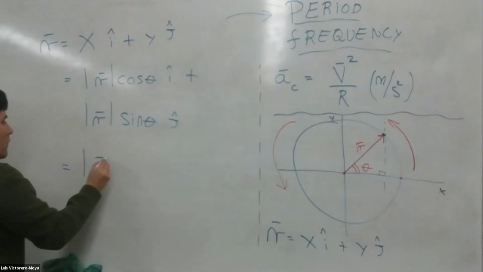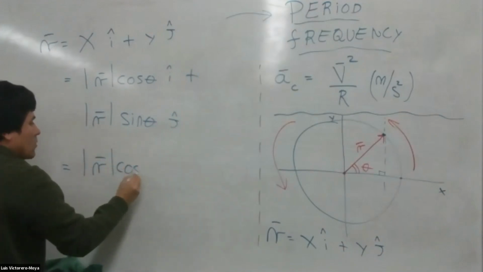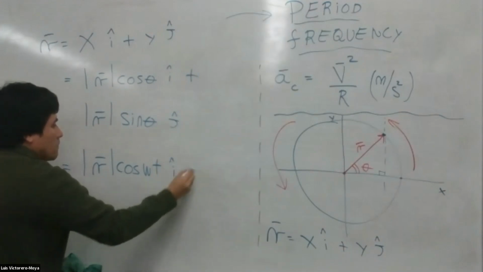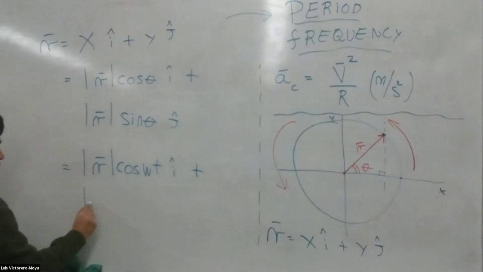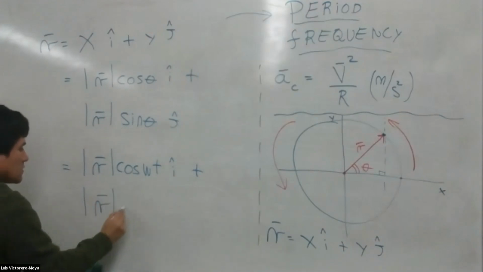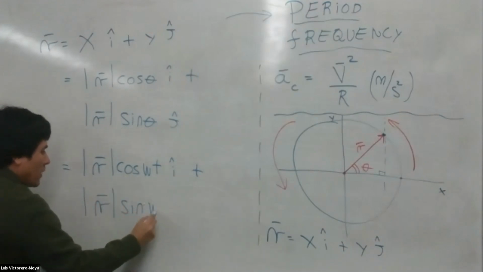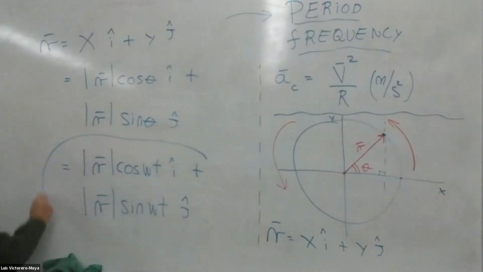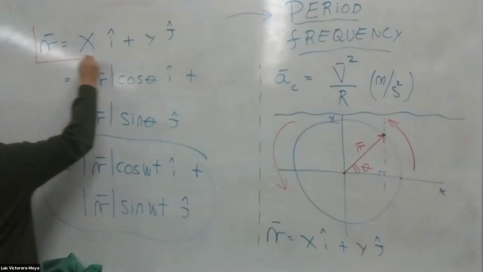So the magnitude of the vector r cosine of omega t i plus the magnitude of r sine omega t j. That's the vector position. Those are the components, basically.